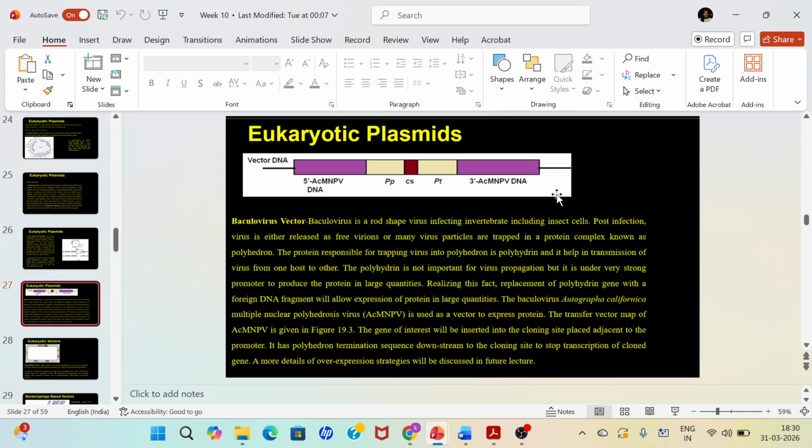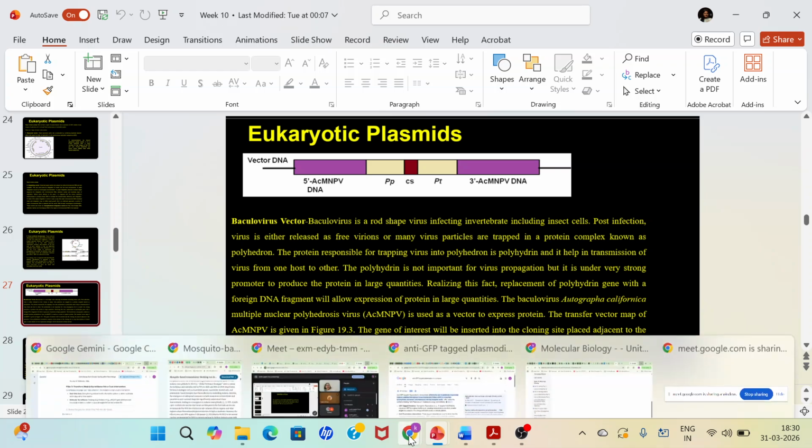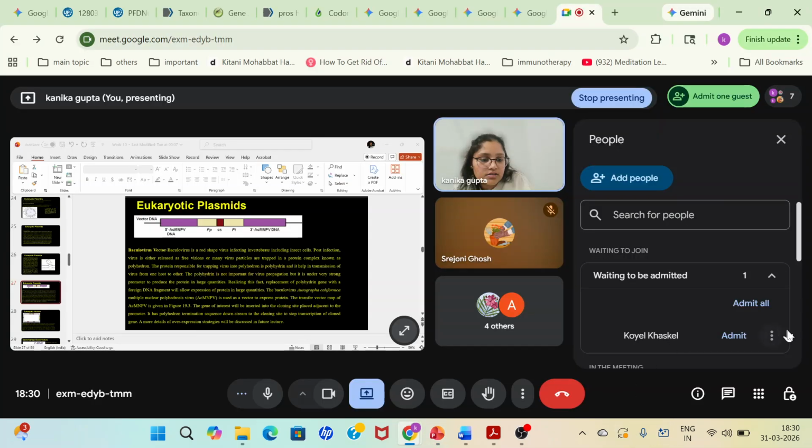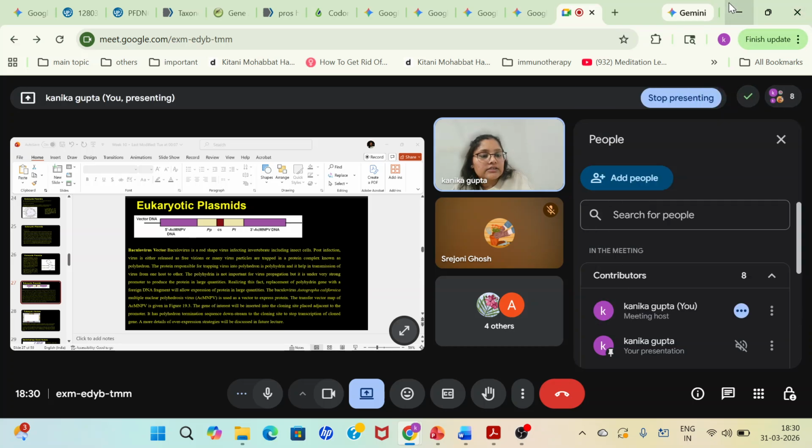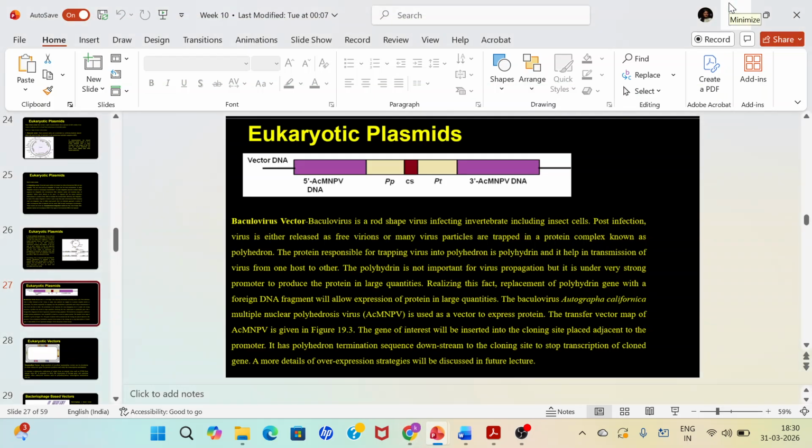Another thing that we have among eukaryotic vectors is the baculovirus vector. Baculovirus is a rod-shaped virus infecting invertebrates, including insect cells.